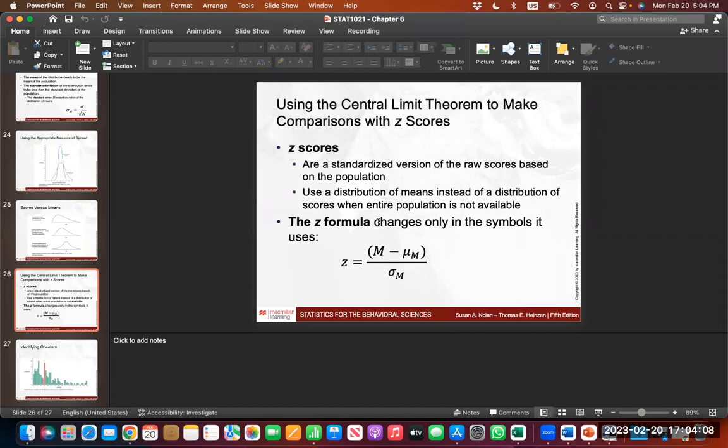So the further away it is, the larger this numerator is going to be, the more variability you have because of a smaller sample size, for example, or a larger variability in your population, the larger this value is going to become, and the smaller that z is going to become. Yeah, because it's in the denominator, and the smaller z will indicate a higher probability.